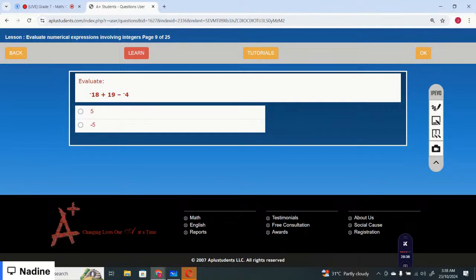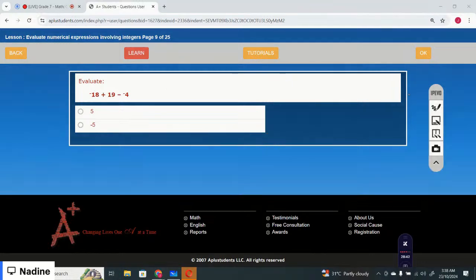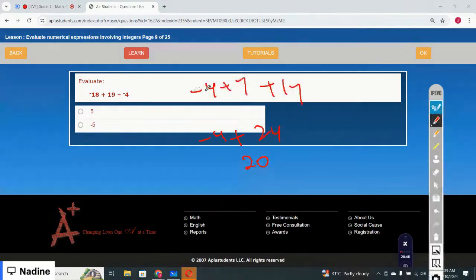Okay, the next one is negative 18 plus 19 minus negative 4. So that is negative 18 plus 19. Subtracting negative 4 means you need to add.